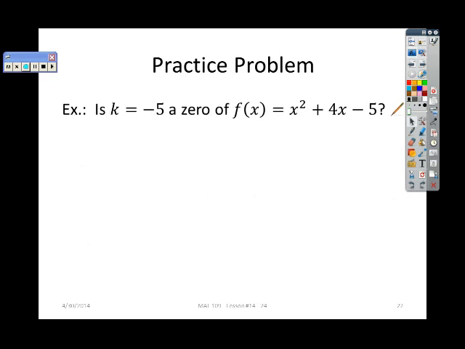But let's look at this again, the test. How do you determine if k equals -5 is a zero then? Which technique do you want to use? And you choose which one you want. There are advantages and disadvantages to both. So pick a way, and is -5 a zero of this?